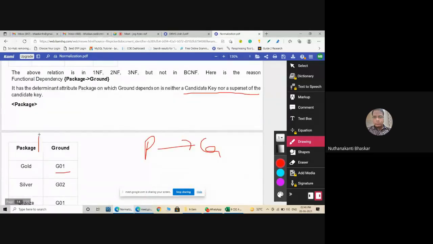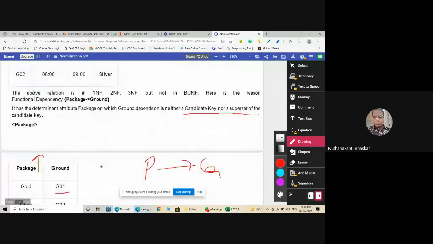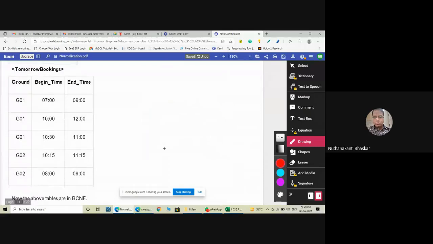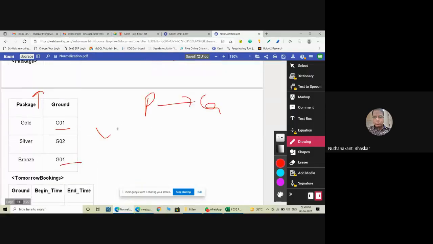But now it is a super key when you define it, so that we can get only 3 records. With this we cannot remove all redundancy. Already I told you we can avoid some redundancy only with the help of normal forms. So that we avoided here. So this is the example for BCNF.